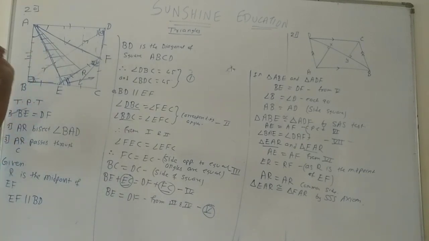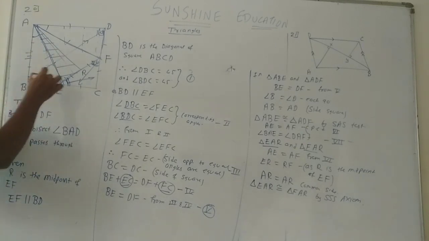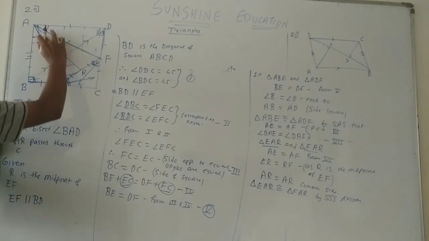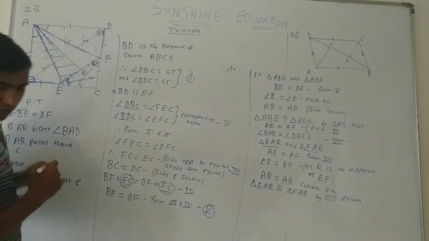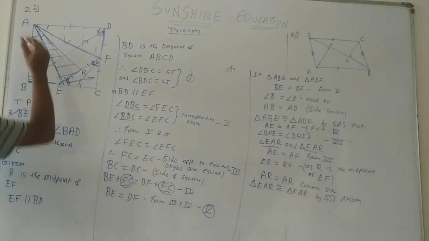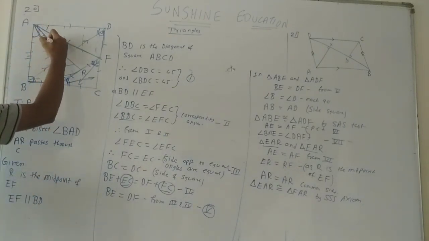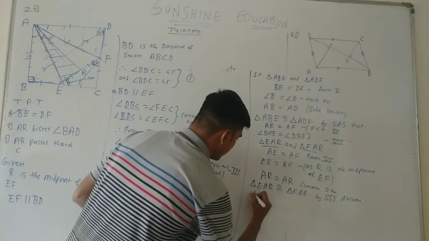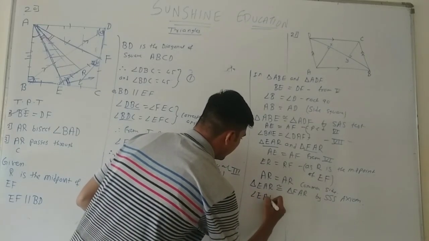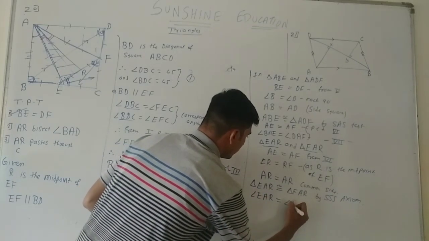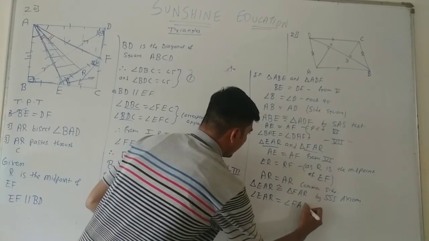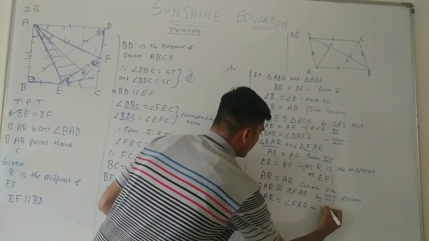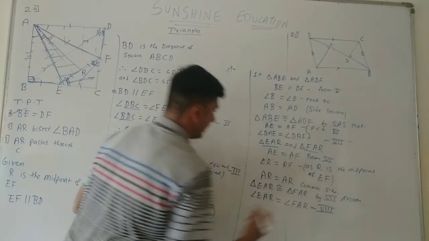If two triangles are congruent, their angles will be equal. Therefore, angle EAR, this part, will be equal to this part, FAR. I will name this as equation number 8.